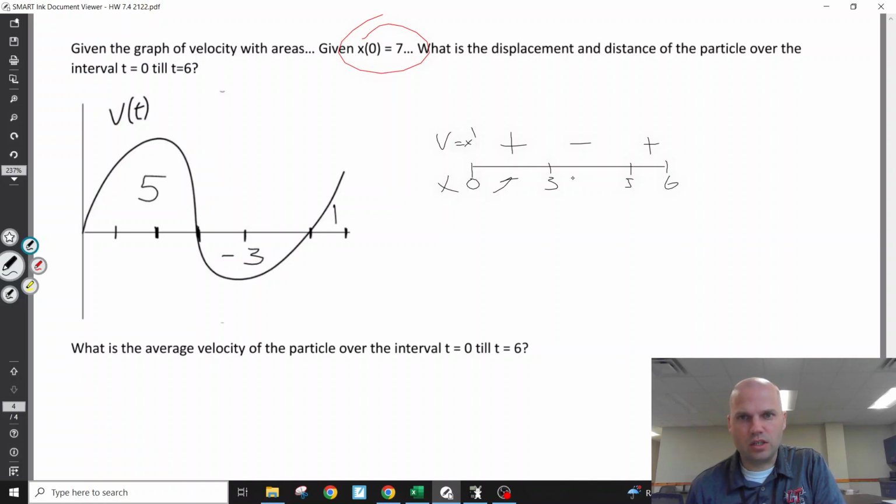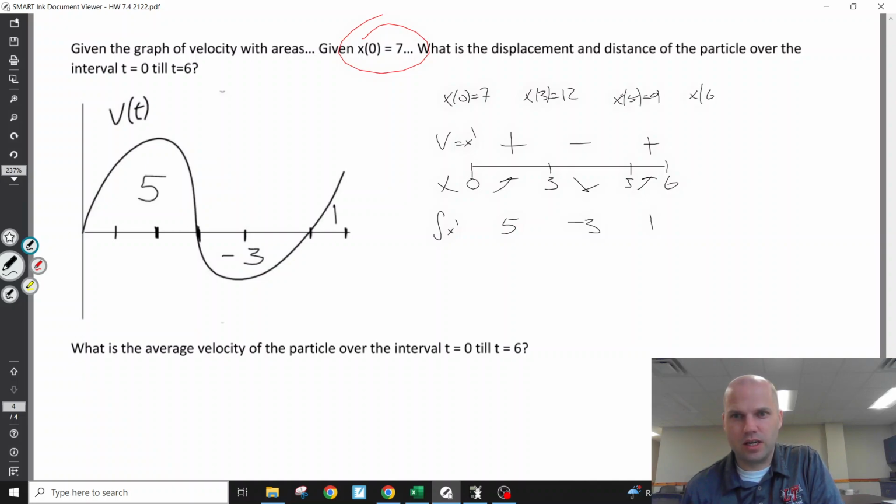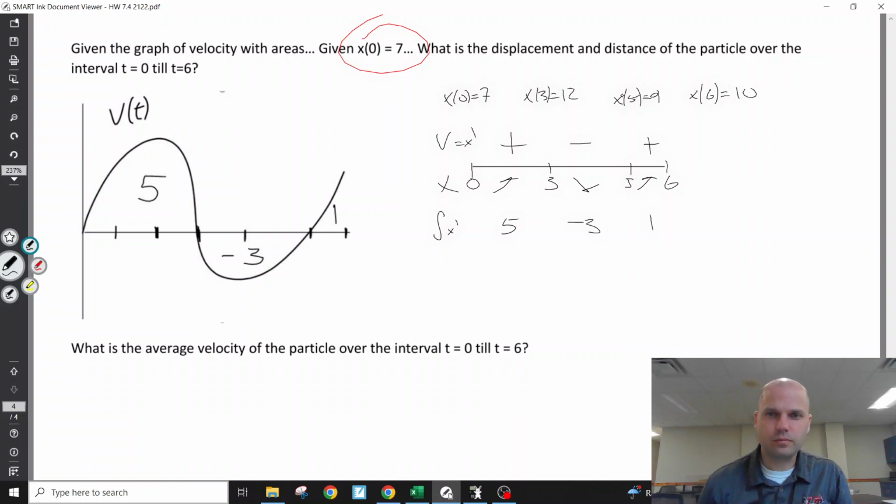Positions increasing, decreasing, increasing. The area under my derivative is positive 5, negative 3, positive 1. My position at time 0 is 7. My position at time 3 is 12. My position at time 5 is 9. My position at time 6 is 10.